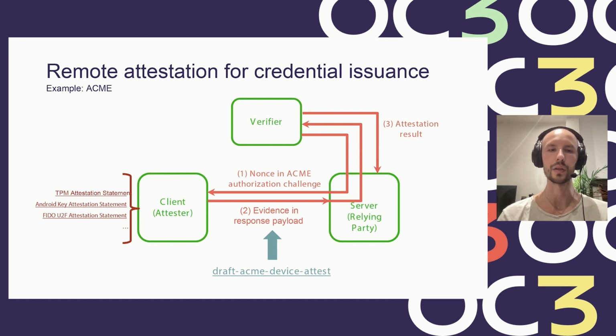The end entity then uses that nonce to create attestation evidence, and then packages that attestation evidence in a CSR in the way that is defined in the draft identified below. The way this draft works essentially allows the end entity to use whatever data format and whatever root of trust it has available, regardless of whether, for example, these data formats are being defined by different organizations, such as the TCG.